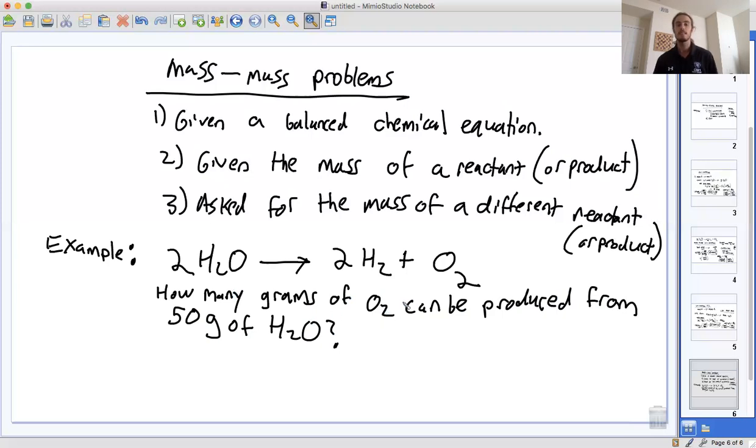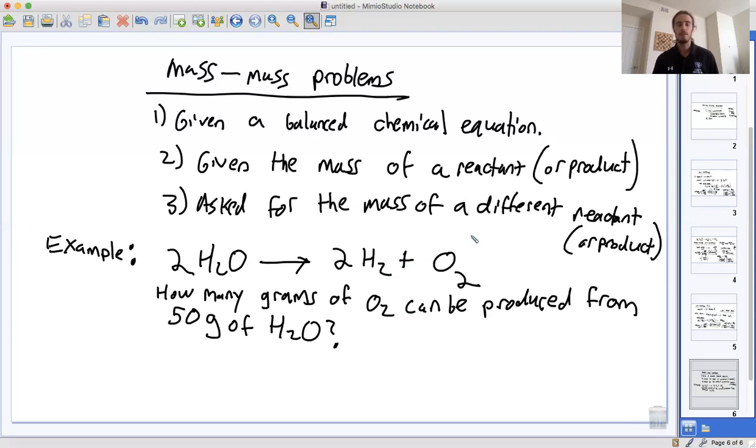That's a typical mass-to-mass problem. You're given the mass of water, so grams, that's a unit of mass, and you're looking for grams of O2. So you're trying to convert from mass of water to mass of O2, right?